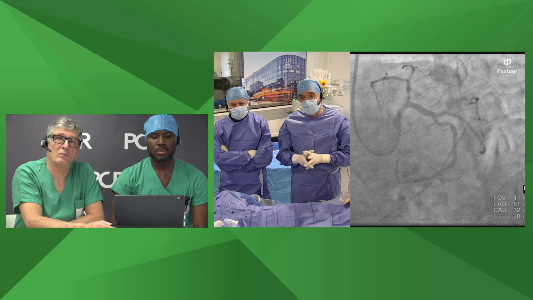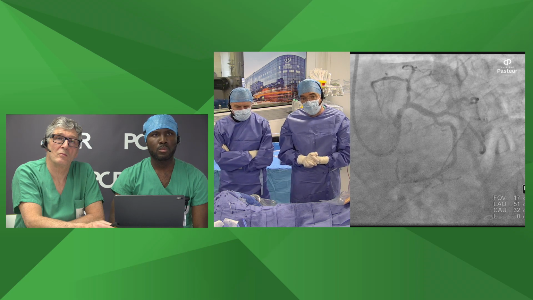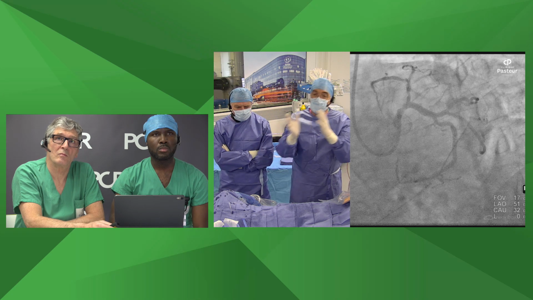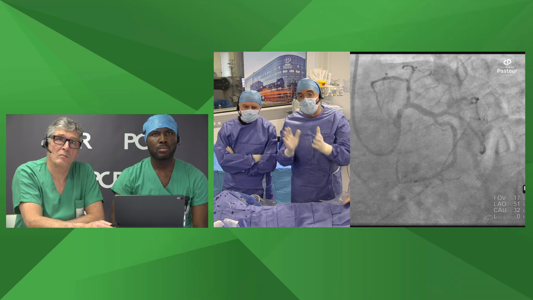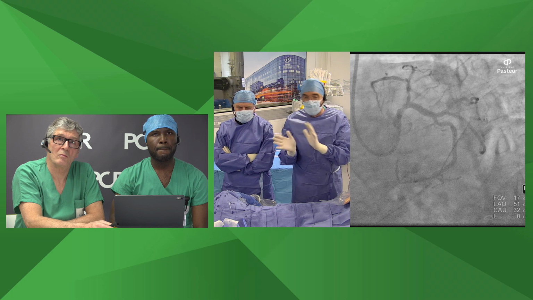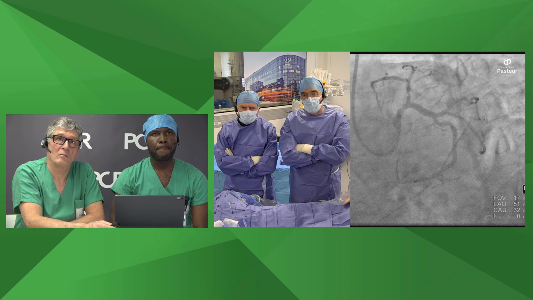And then after that, we will do the kissing balloon technique with a larger balloon in the circumflex and the smaller balloon in the LAD. So it could be 3.5/3.0 or 4.0/3.5. We could see according to the angios during the procedure.